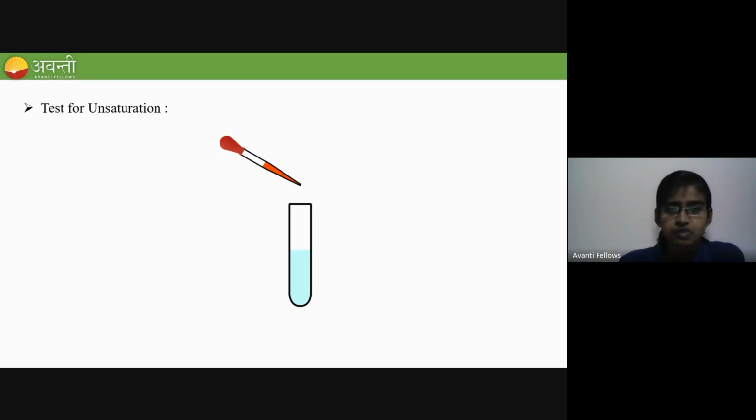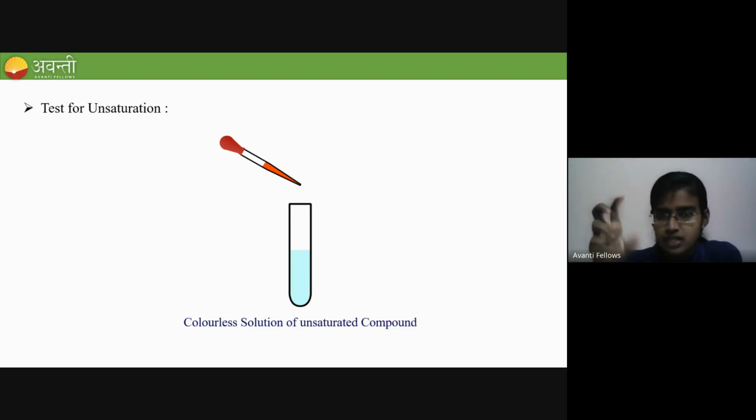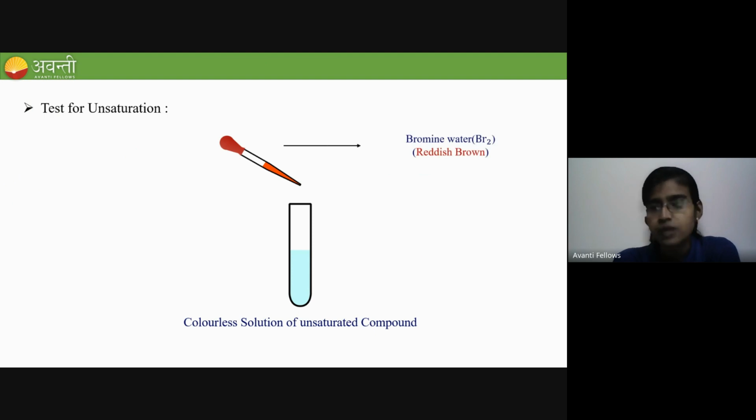So let me take a compound. First, there is a test tube that you can see on the screen, and that test tube contains the unsaturated compound, and that unsaturated compound is colorless. In the physical properties also I have discussed that all the alkenes are colorless. Now, to this alkene I am adding bromine water, which is reddish brown in color.